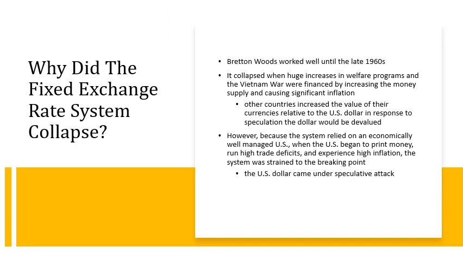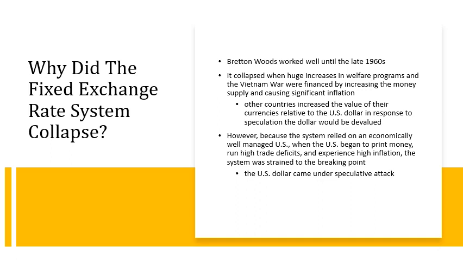In the very first slide at the start of this lecture, we discussed that the IMF is preferring, forcing, and convincing countries to go for the floating exchange rate. There is a reason, and the reason is presented in this particular slide. It was because of the collapse of the fixed exchange rate system in the market.